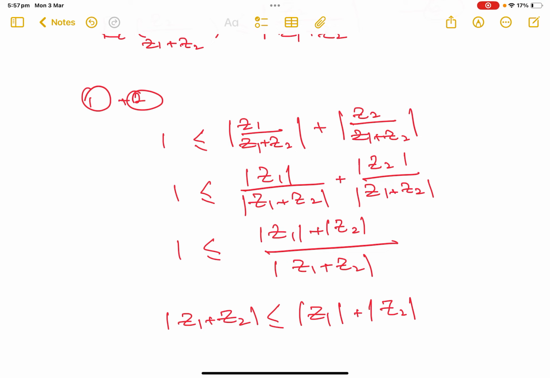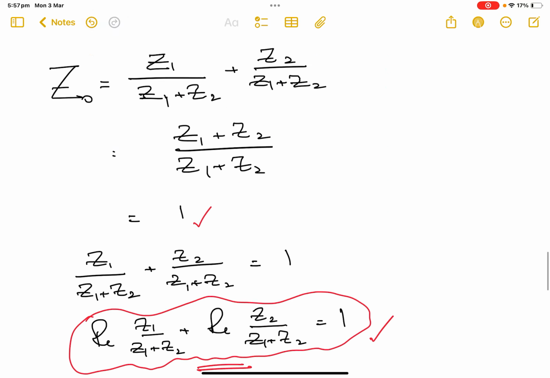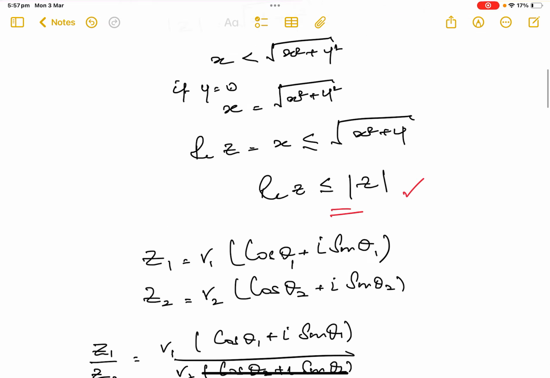And then, of course, with the LCM, the numerator is modulus Z1 plus modulus Z2 divided by modulus Z1 plus Z2. So by cross multiplication, even though it's less than or equal, modulus Z1 plus Z2 is less than or equal to modulus Z1 plus modulus Z2. That is the last part we have been asked to prove.